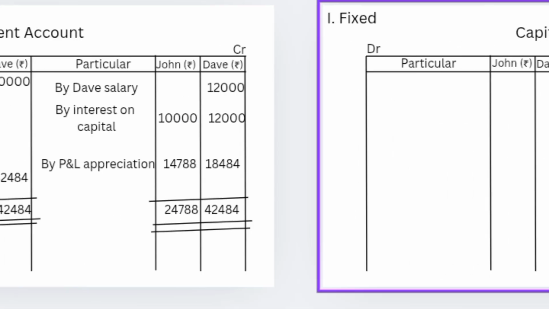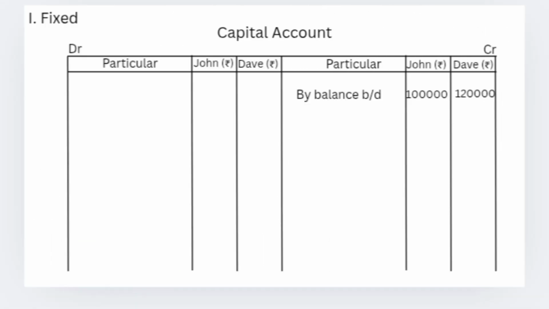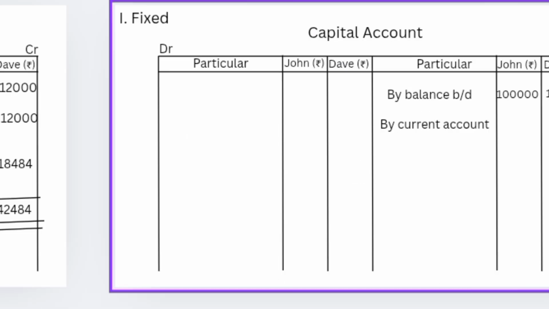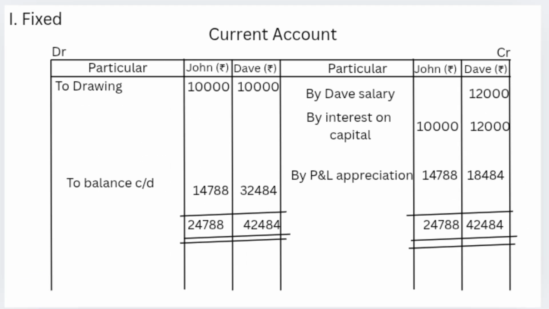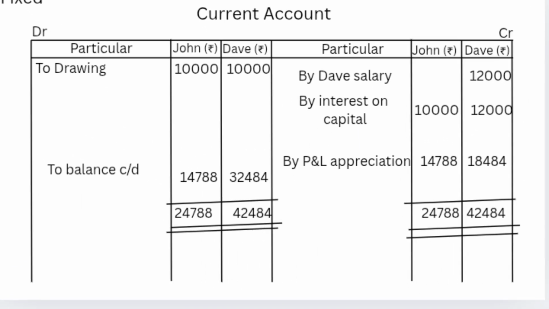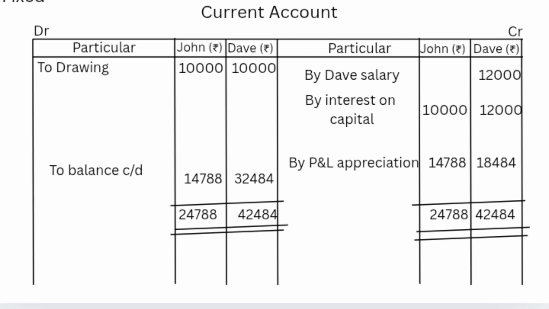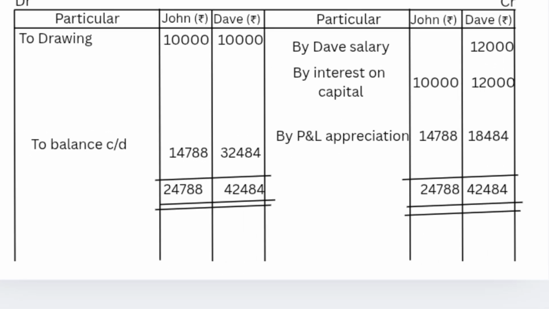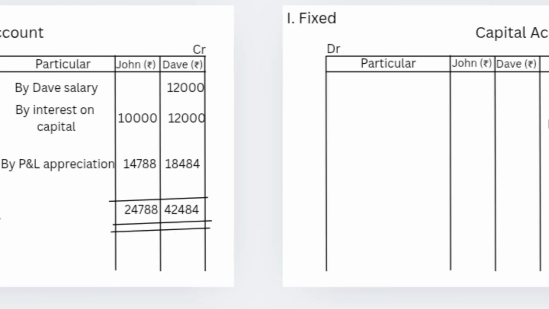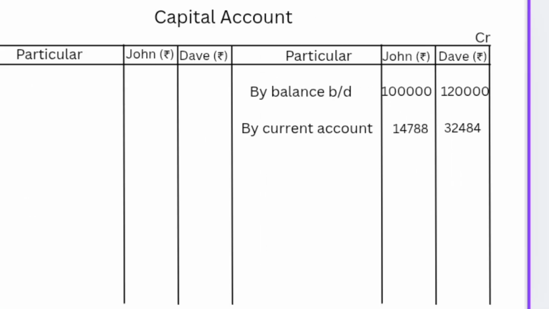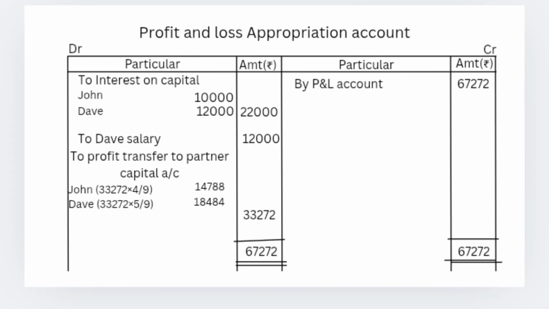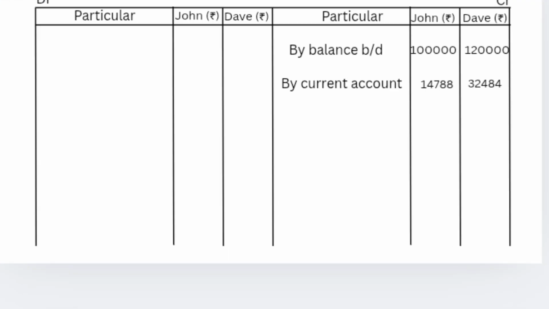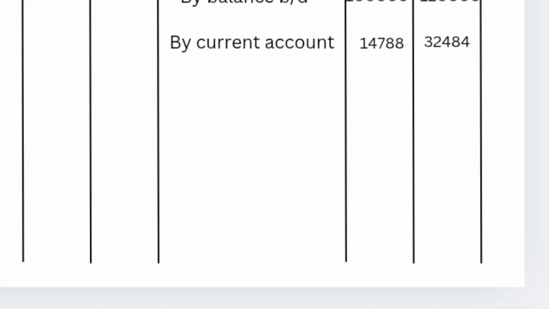Then the next item will be the current account, which is 14,788 for John and 32,484 for Dave. Now there's no item left, so we'll add this one.